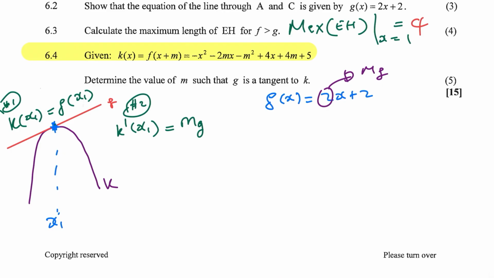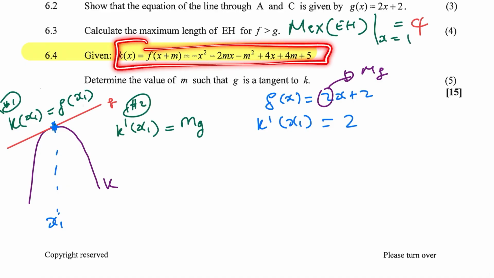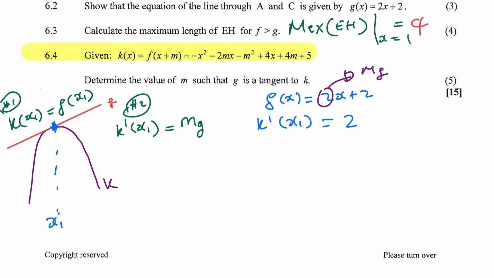So what we're saying is the derivative of K at x1 is equal to 2. Now, we know that K is equal to that equation, so we can just say K of x1 is equal to negative x1 squared minus 2m x1, because we want to find this x1 ourselves.